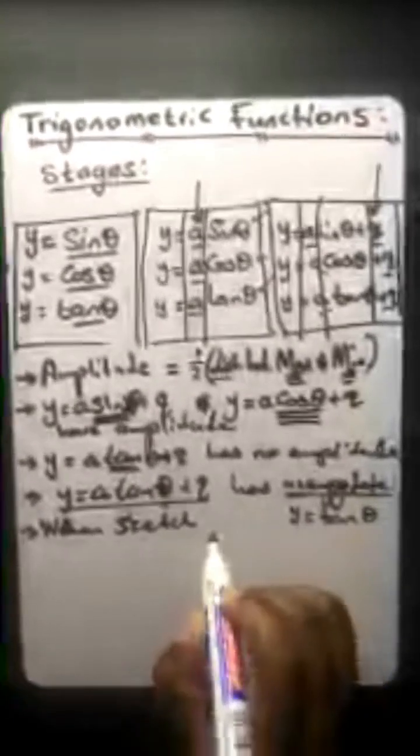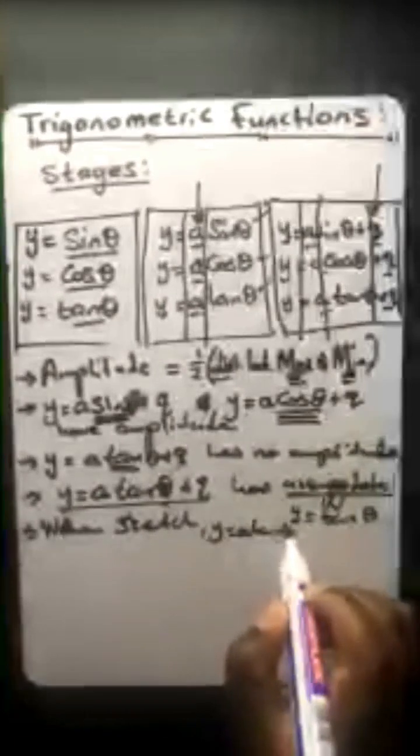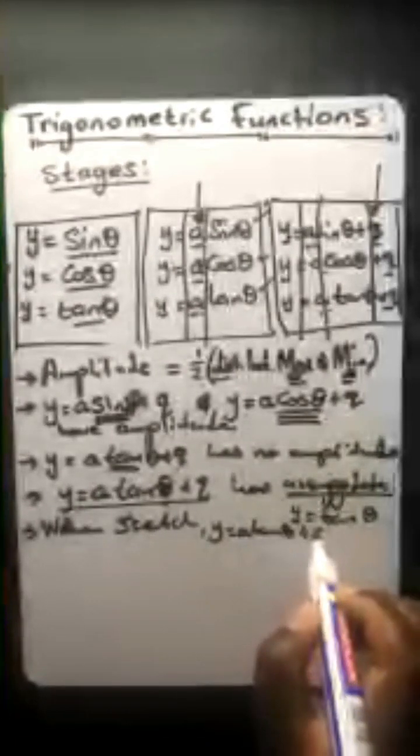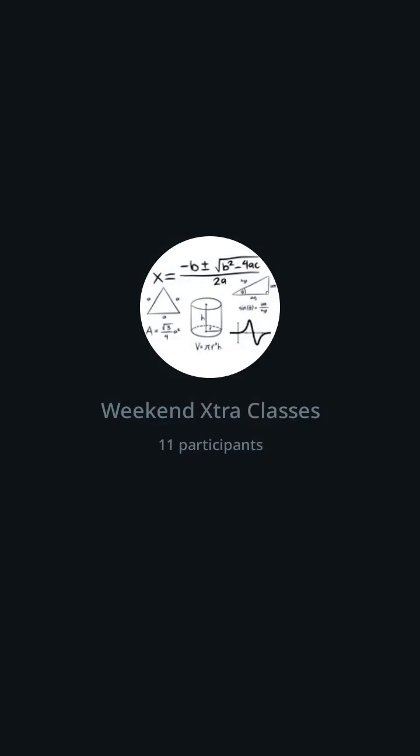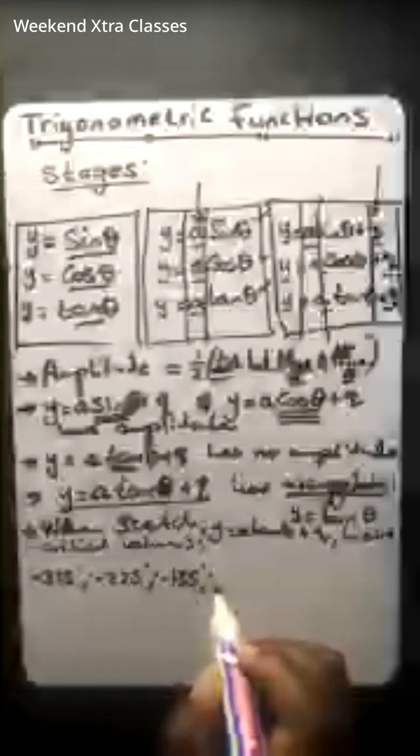When you sketch this function, y equals a tan angle plus, say, include what we call the critical values. What are those critical values? Good people, we talk about negative 315 degrees, negative 225 degrees, negative 135 degrees.